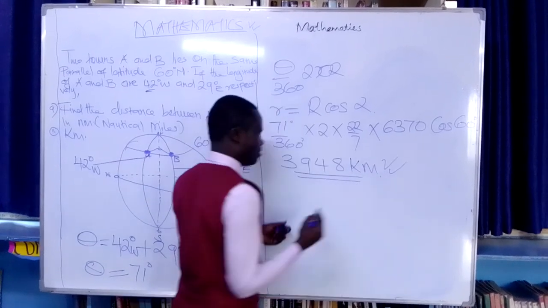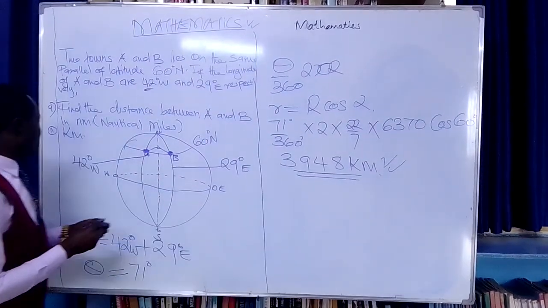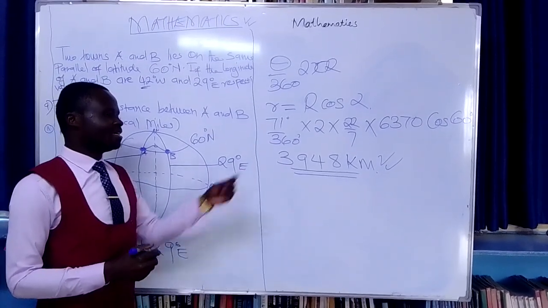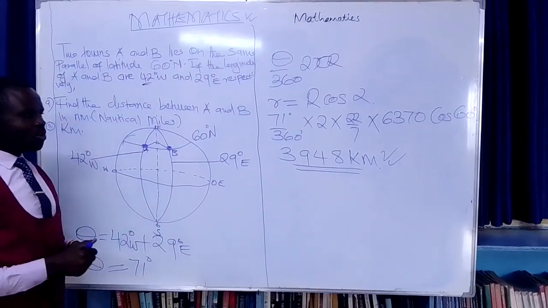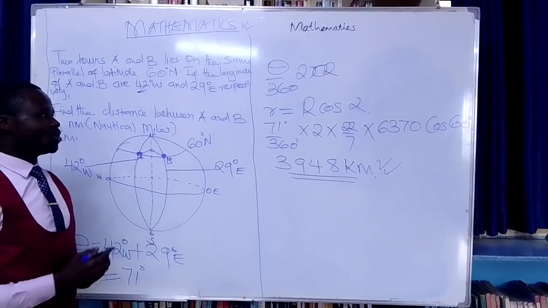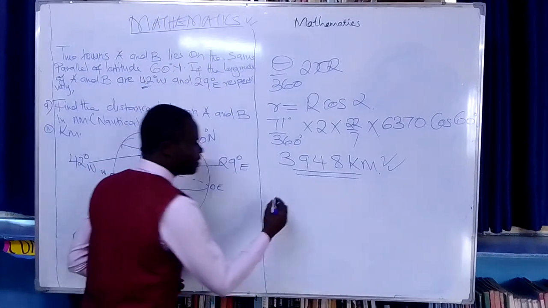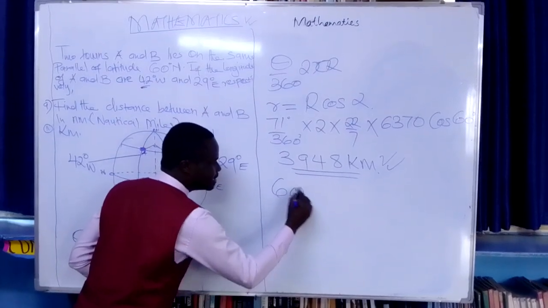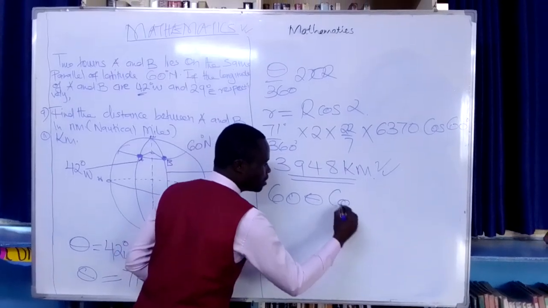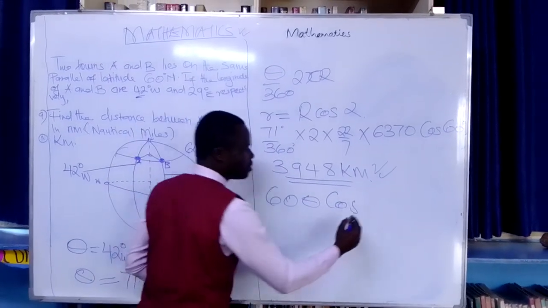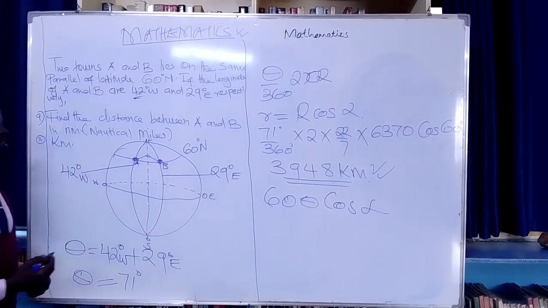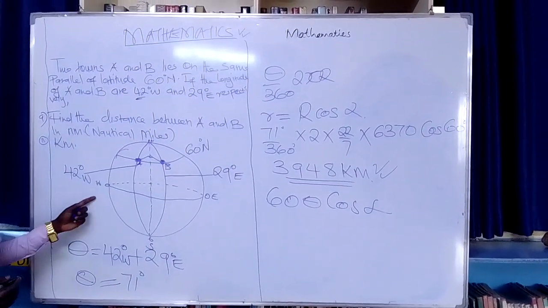So the next question is to calculate it in nautical miles. How can we get this in nautical miles? For us to get the same distance in nautical miles, we normally say 60 theta cos alpha.